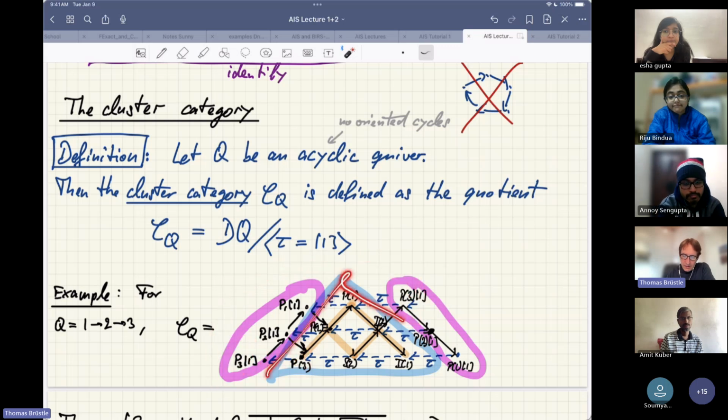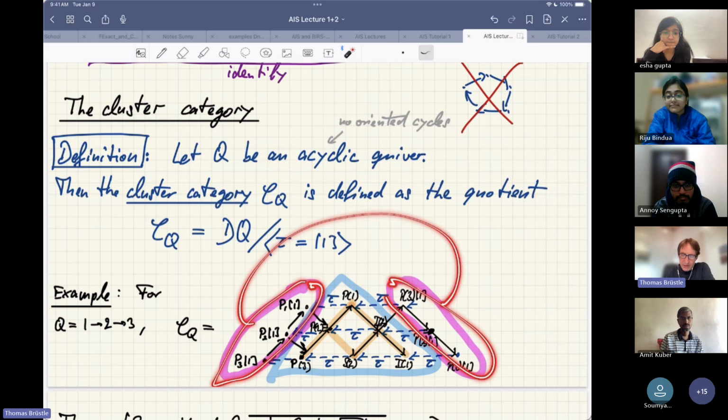So we enlarge the module category a little bit. We go, say, one step to the left. We can also go one step to the right, but we have to identify these two parts.